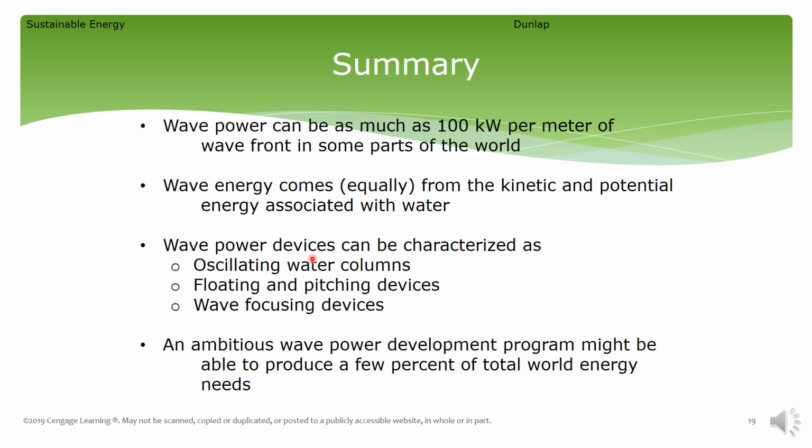Wave power devices can be characterized as oscillating water column, floating and pitching device, wave focusing device. An ambitious wave power development program might be able to produce a few percent of total world energy needs.